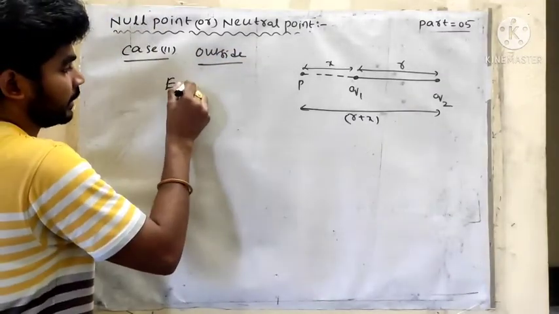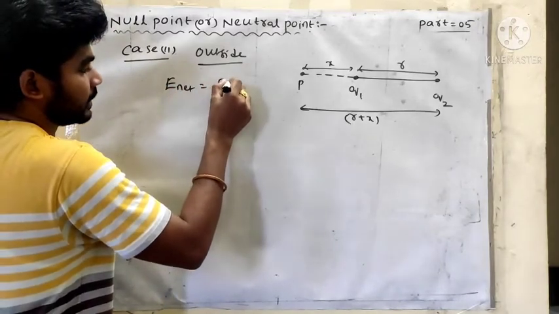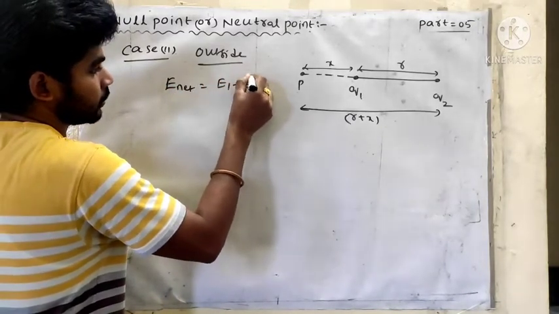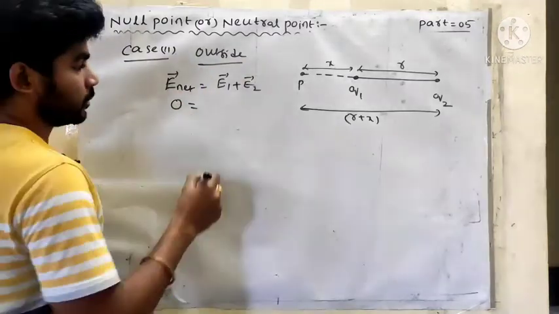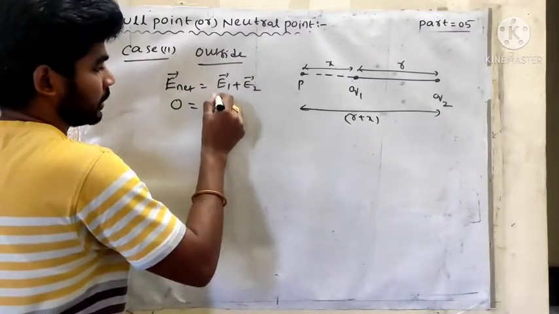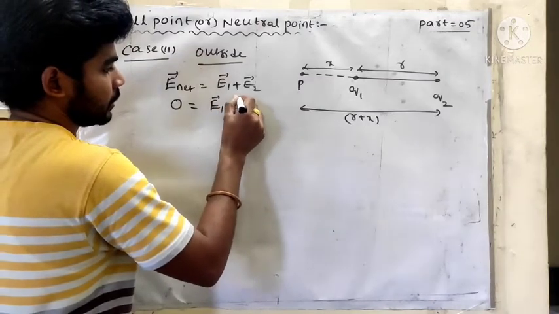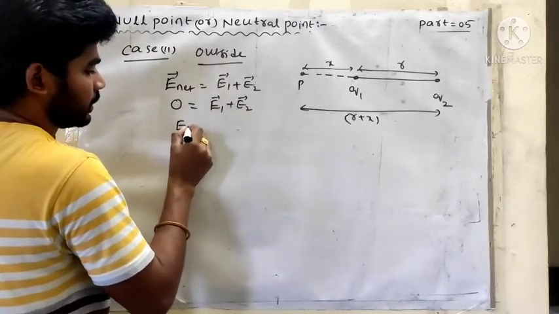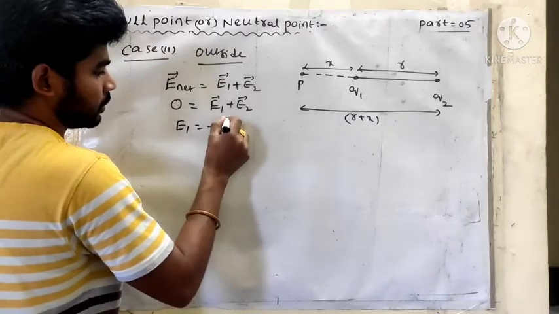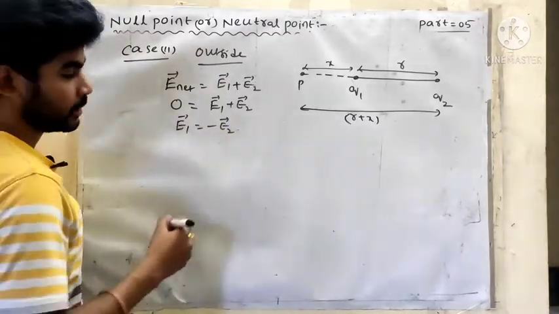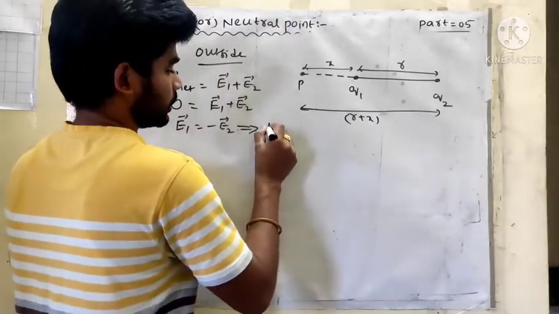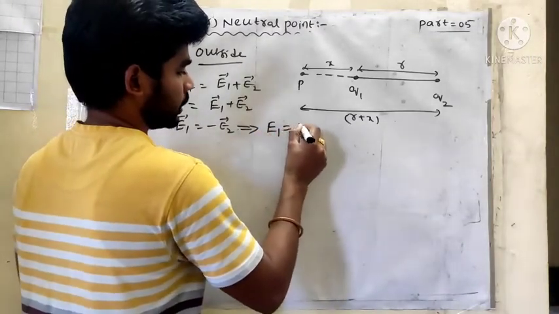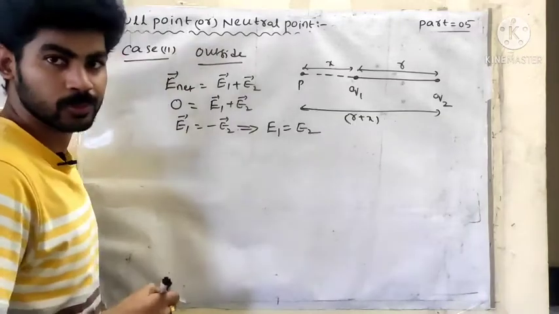Again E net is E1 plus E2. The net electric field is 0, so E1 bar plus E2 bar is 0, so E1 bar is equal to minus E2 bar. Simply we can remove the vector notation and take the magnitude, so E1 is equal to E2.